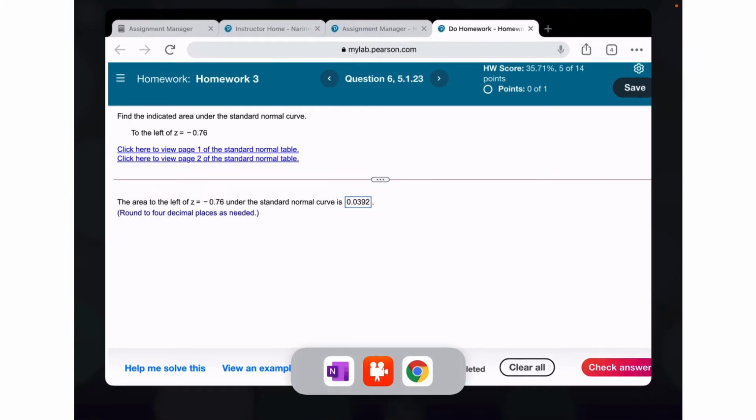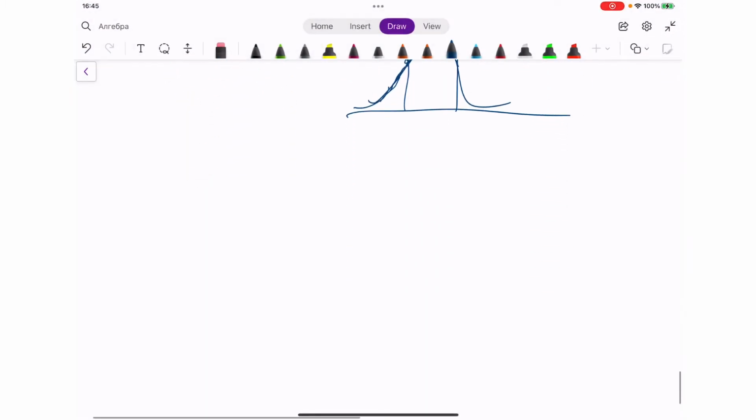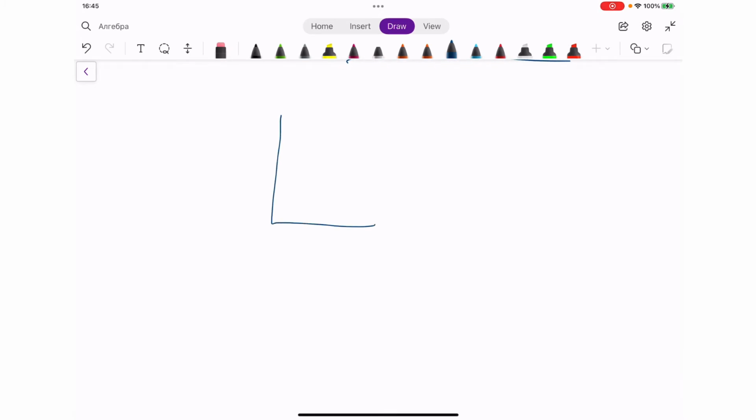But let me explain real quick how we work with the z-score table. Here we have the z-score table. One is with positive z-scores, the other with negative z-scores. This is the negative z-score table, assuming. A z-score consists of two decimal notations. I put xxx, just positions. The whole number and first decimal go vertically, and the 0.0x, this second decimal, goes this way.